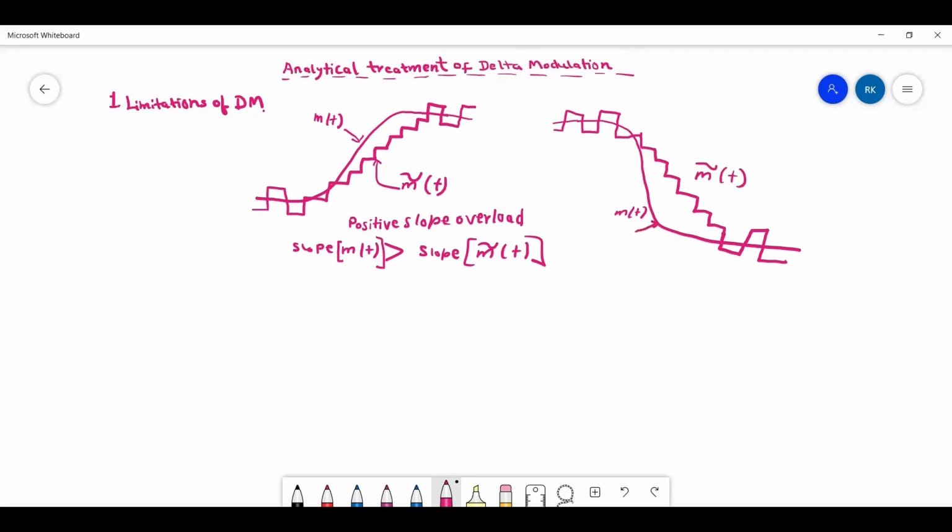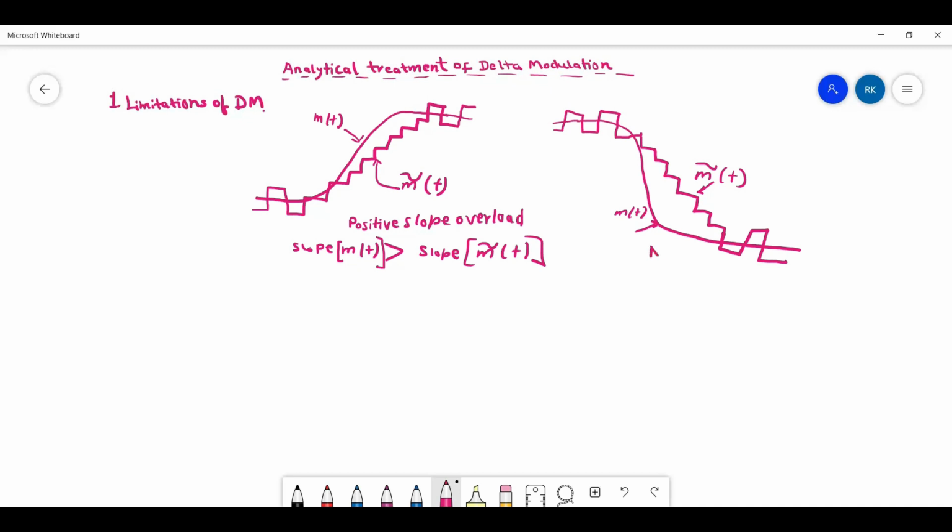So what is the relation between the slope of original message signal m(t) and m cap(t)? In this case, slopes are negative, and slope of m(t) is more negative than the slope of m cap(t). In both cases, in case of positive slope overload and negative slope overload, there will be a distortion of the recovered waveform.